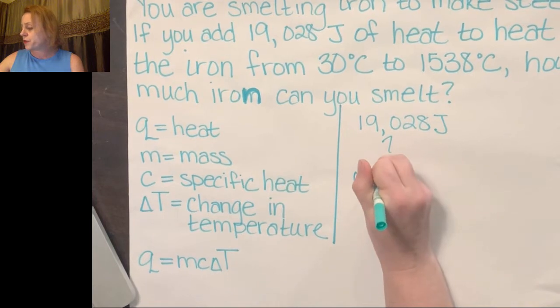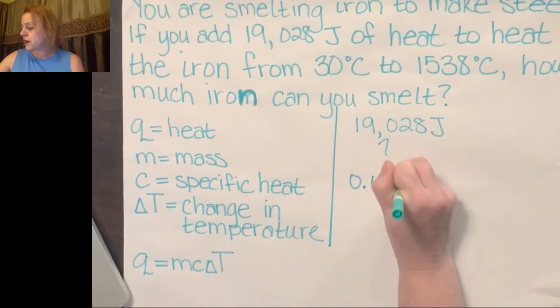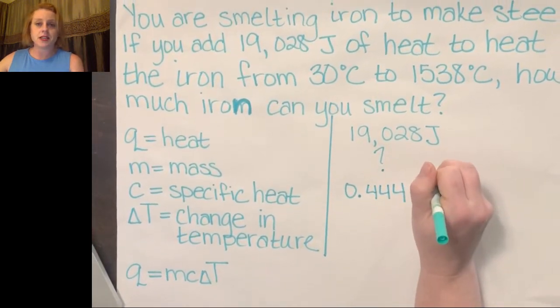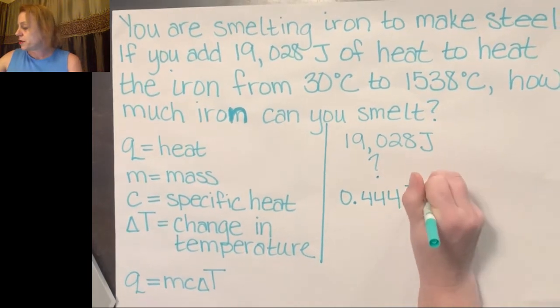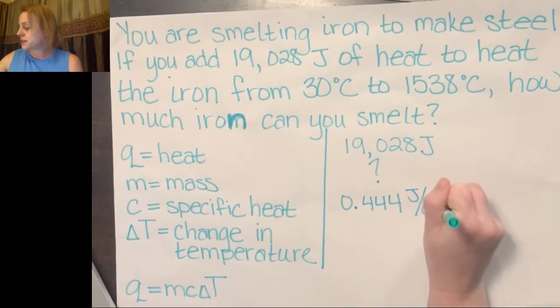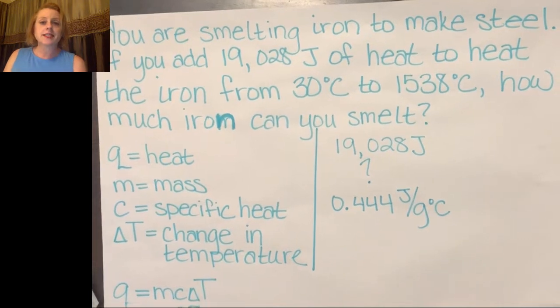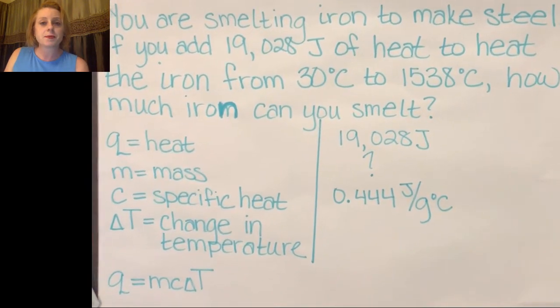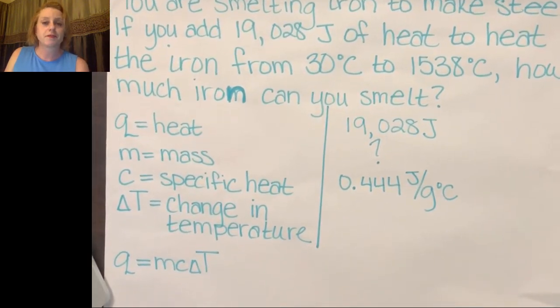So this is 0.444, and again the units for specific heat are joules per gram degrees Celsius. And my delta T, again, I wasn't given a specific change in temperature, but I can figure it out.